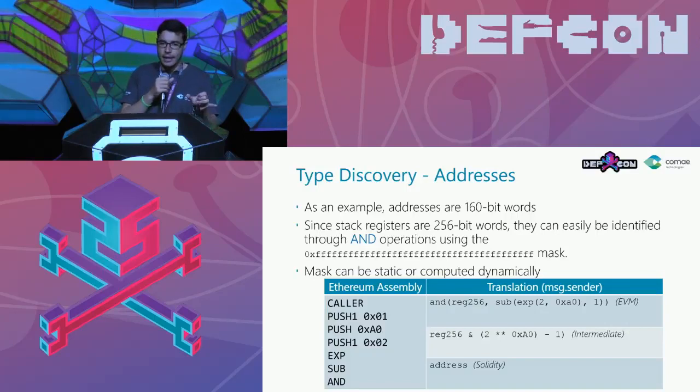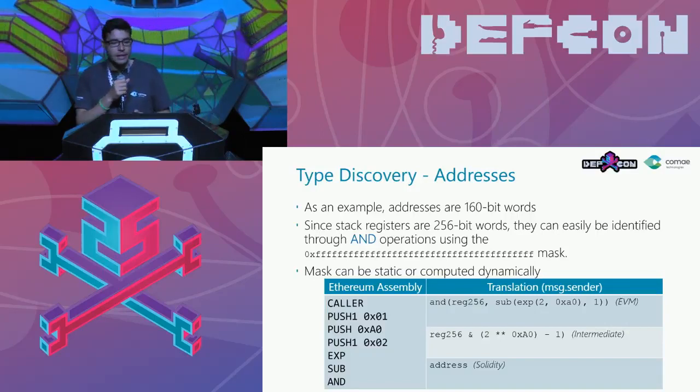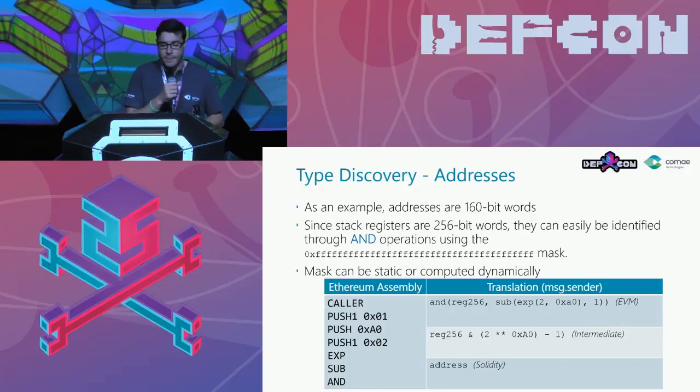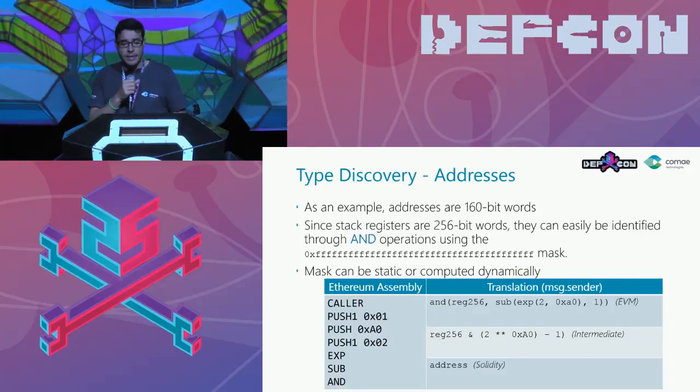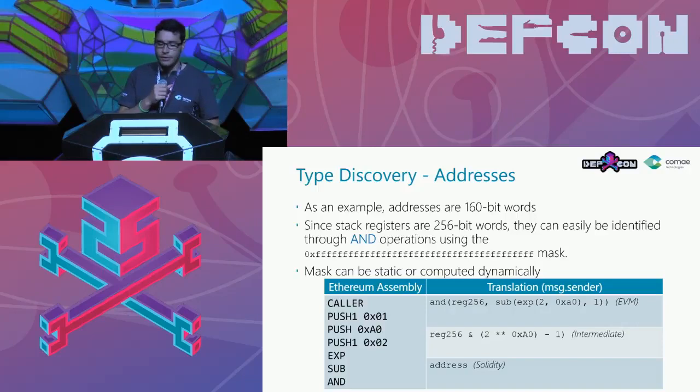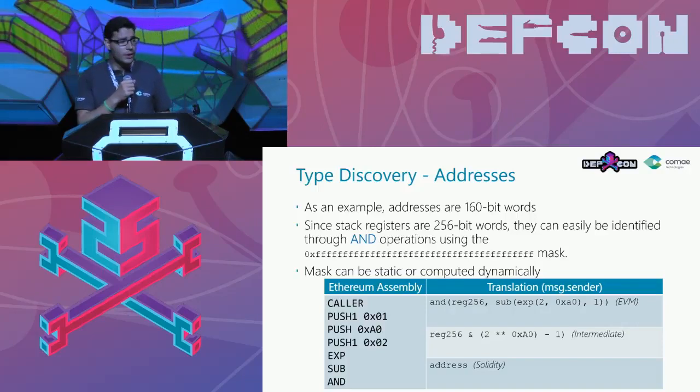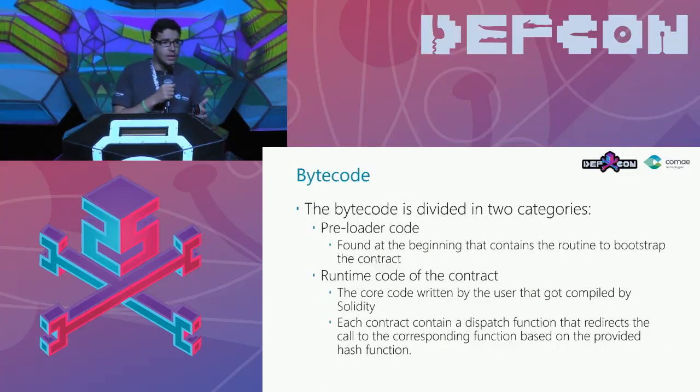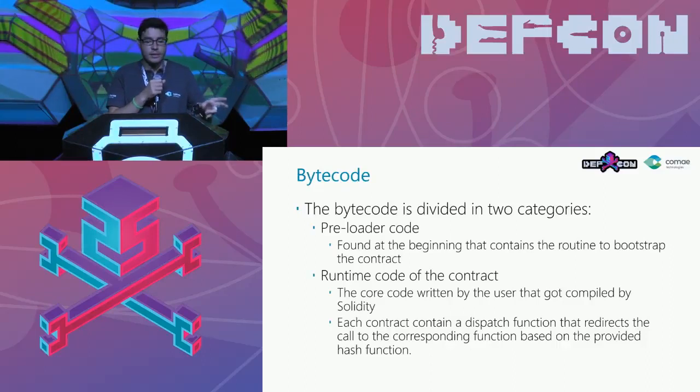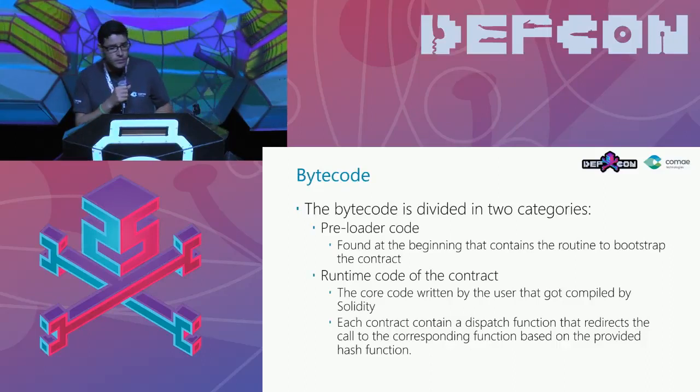In some cases, you're going to see it hard-coded, but in most cases, you're going to see some EVM assembly optimization, like the following one, where it's computing the mask dynamically. There are a few of them that we can recognize very easily. And again, if we do type discovery while emulating the code, we would even be able to check the mask associated to the instruction.